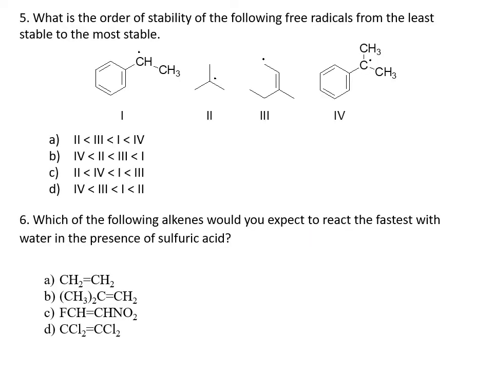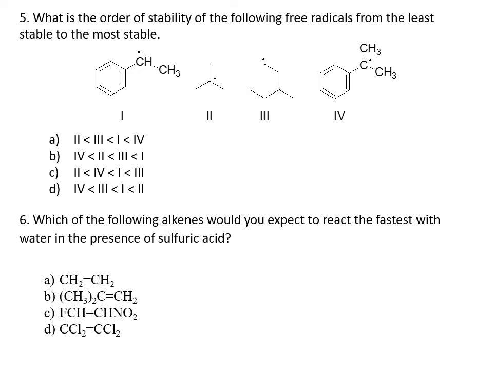Next question. What is the order of stability of the following free radicals from the least stable to the most stable? When we consider these free radicals, 1 is secondary benzylic, 2 is tertiary, 3 is primary allylic, and 4 is tertiary benzylic. Benzylic are more stable than allylic with the same degree of substitution, and tertiary would be the least stable.